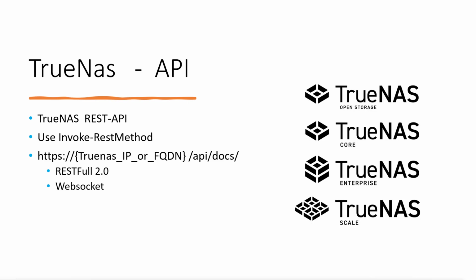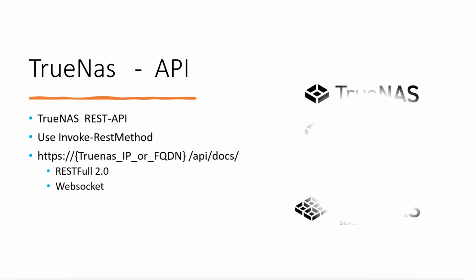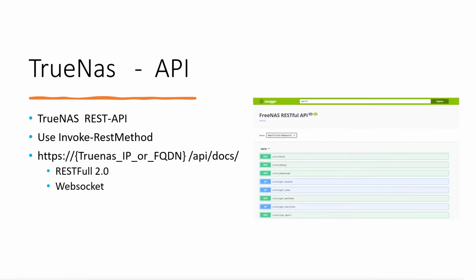All these solutions have a TrueNAS REST API, and I use, or you can use, Invoke-RestMethod to find all these methods. To access the API interface, you can use the URL TrueNAS IP or FQDN/api/docs.